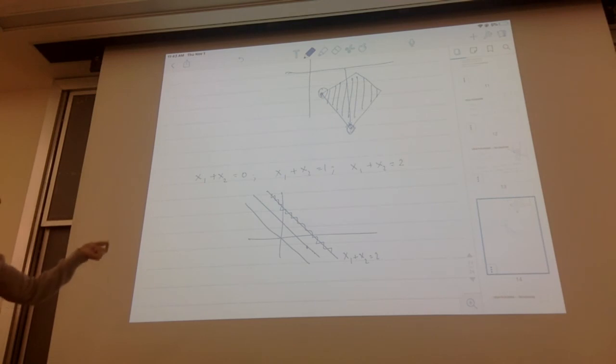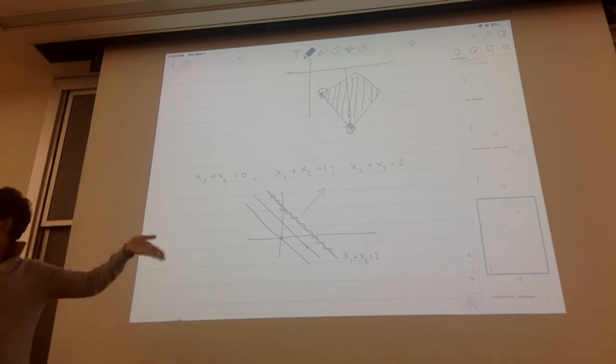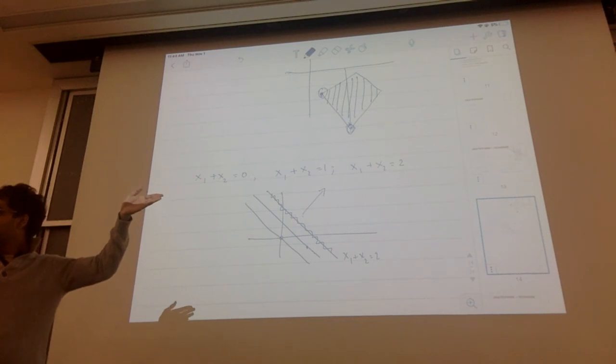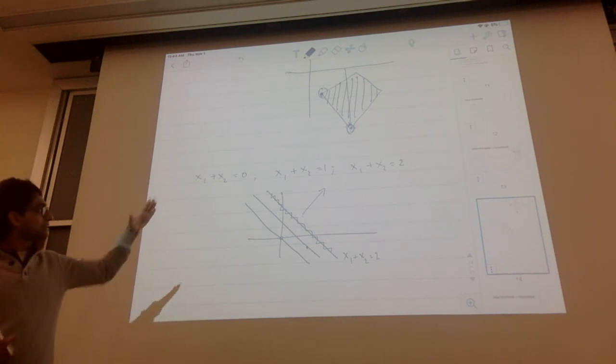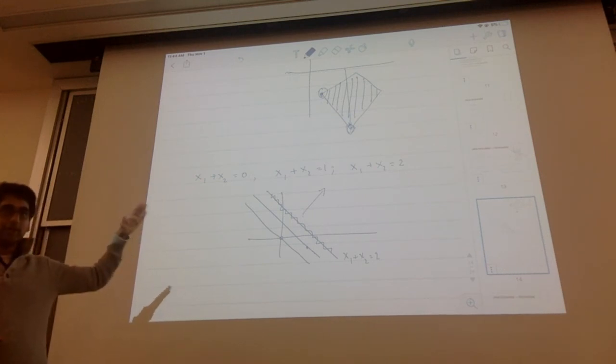Intuitively, if you want to find a point that has the largest value of x1 plus x2, you have to look in this direction, which is orthogonal to all of these lines, and look for the furthest point in your feasible set along this direction.